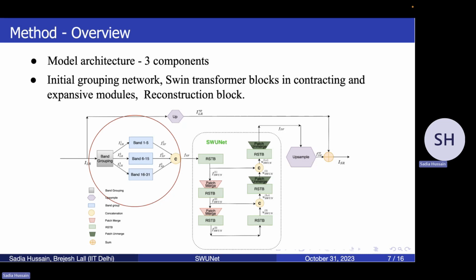And then there are Swin transformer blocks in contracting and expansive modules. We do not directly use Swin transformer blocks, rather we use residual Swin transformer blocks. So RSTBs in SWUNet are residual Swin transformer blocks used in contracting and expansive modules. And at the end, we have a reconstruction block, which is an upsampling block for a better interpolation technique.